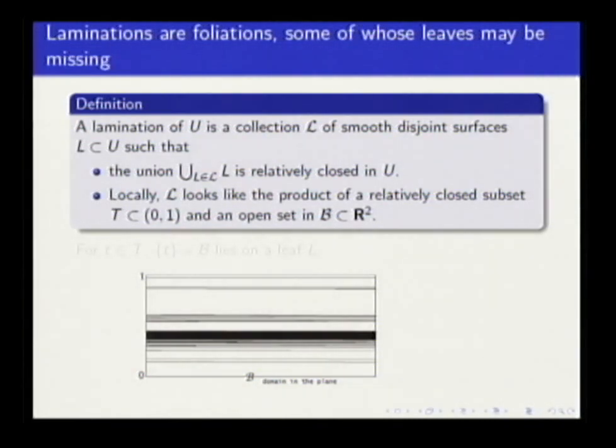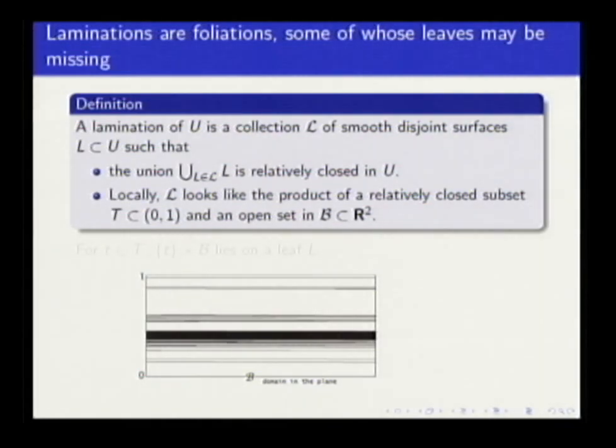So that doesn't say that a horizontal line going through is on a different leaf than another horizontal line going through. It could be that, pick your favorite horizontal line, it goes out over here, it does something else, and it comes back through at another line. It just says this is the way it looks locally.